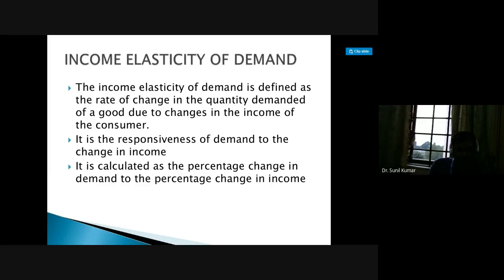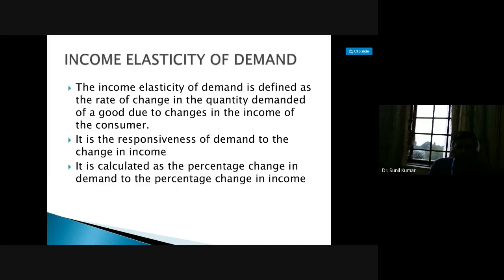So in place of percentage, if you think proportionate, responsiveness, then ultimately all those things hold one meaning only. And in several books they are using a different way.